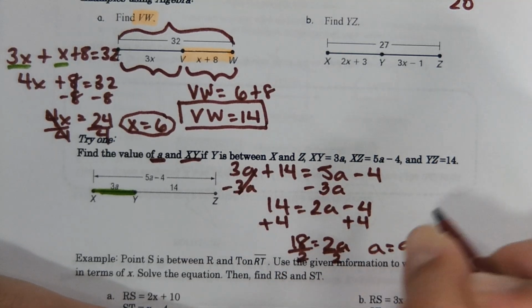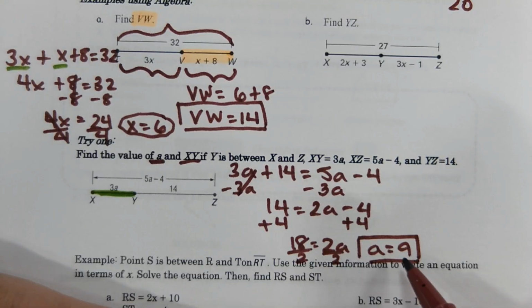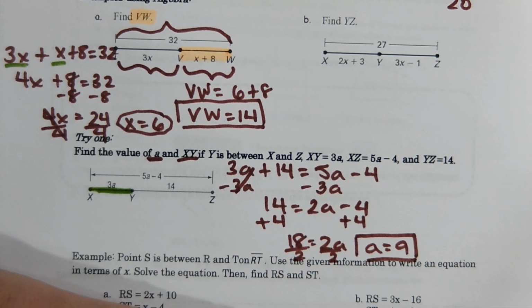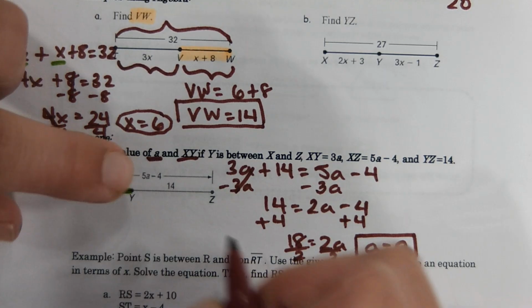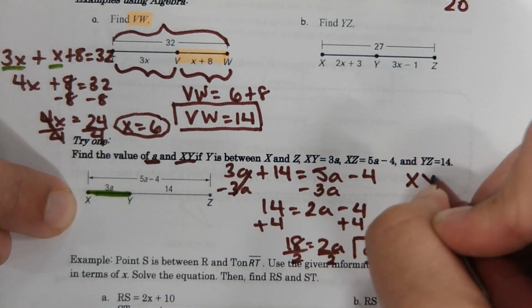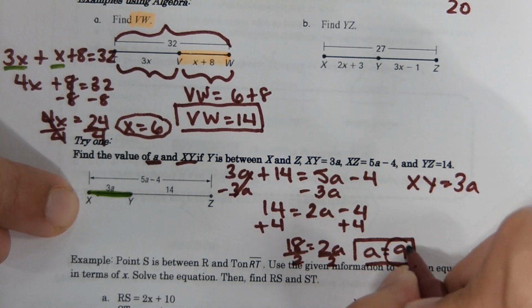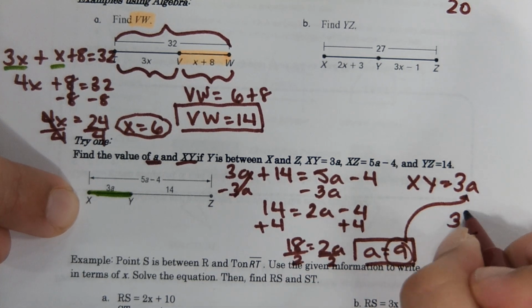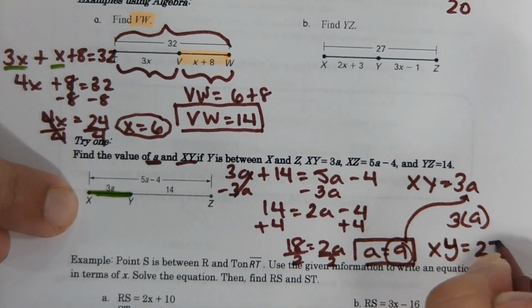And A equals 9. So that is part of the answer they asked for, value of A. We got 9. And then they want the length of XY. Right here, XY is 3A. So then we just take this and we plug it in. 3 times 9, XY equals 27.